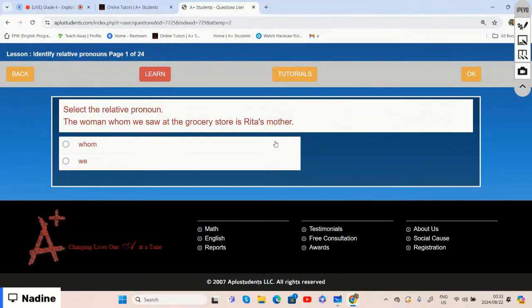All right. If we were to select the relative pronoun, is it option one, whom, or is it option two, we? What is the relative pronoun within that sentence? Is it whom or is it we?